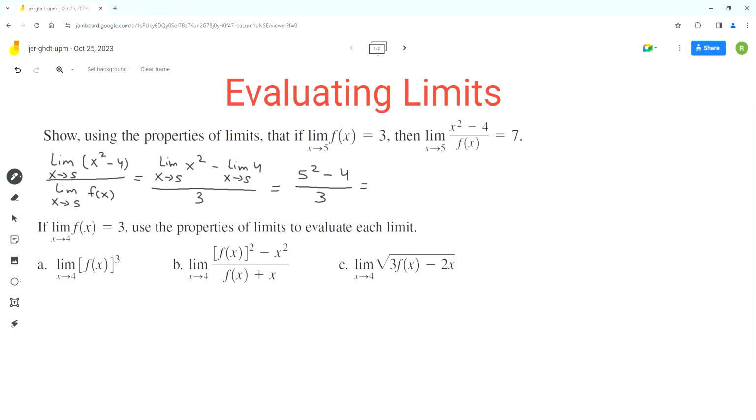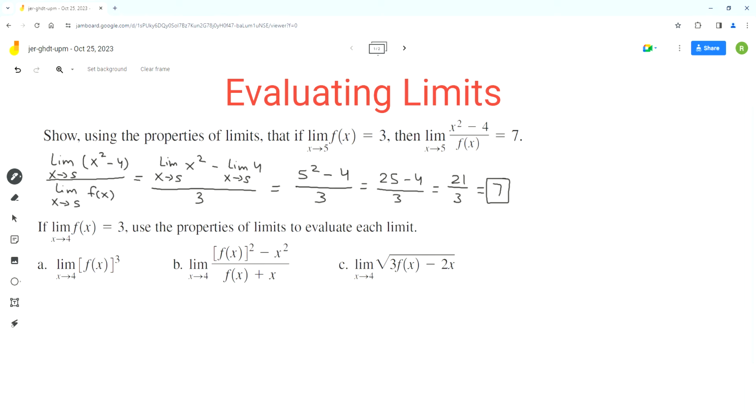First we evaluate the square, which is equal to 25 minus 4 over 3, and now we can do the subtraction in the numerator, which is 21 over 3, which is equal to 7. So that means that the given equation is true, that limit x approaches 5 of x squared minus 4 over f at x is equal to 7.